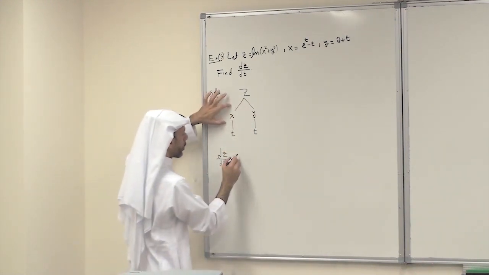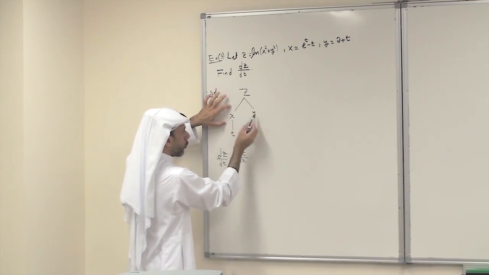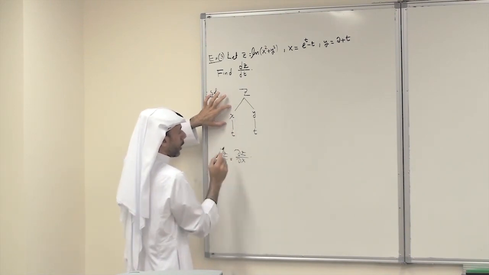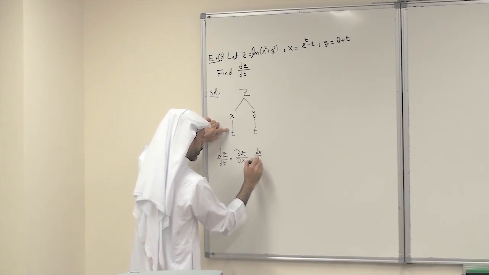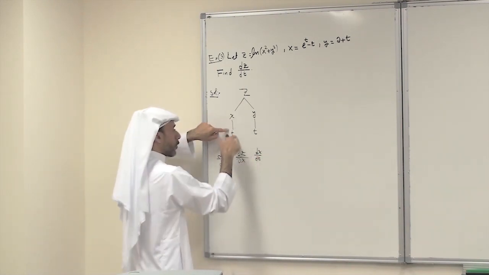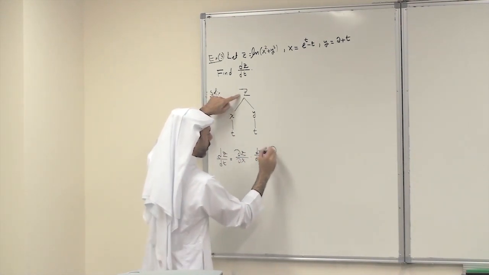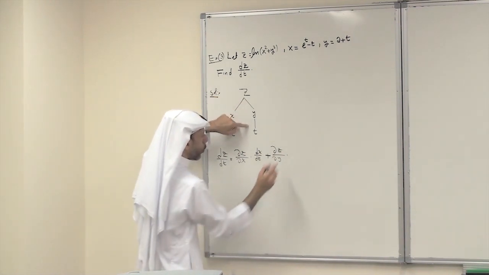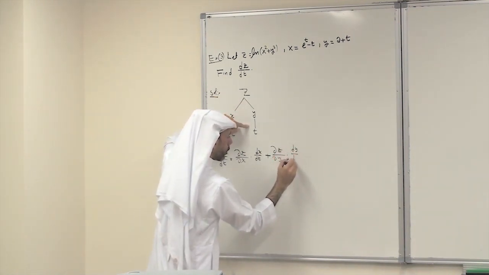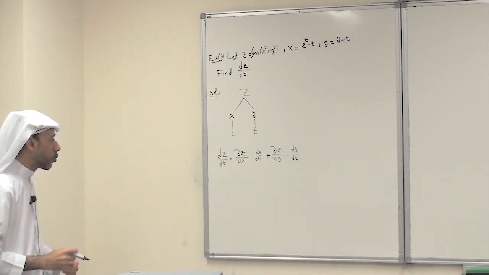Through the first path, this is partial z partial x, because z is a function of two variables, so we use the partial, times dx/dt, an ordinary derivative, because x is a function of one variable, plus the second path, partial z partial y, times dy/dt. So this is the formula for the derivative of z with respect to t.